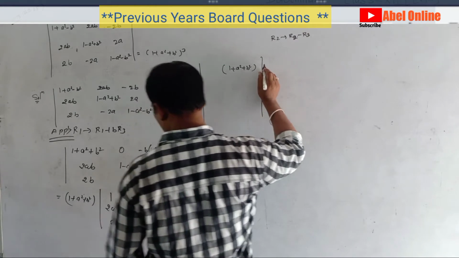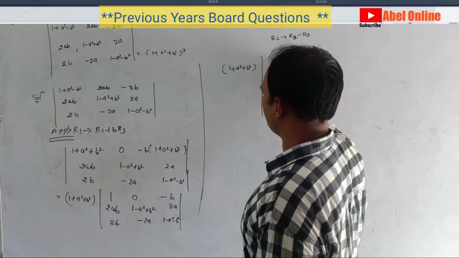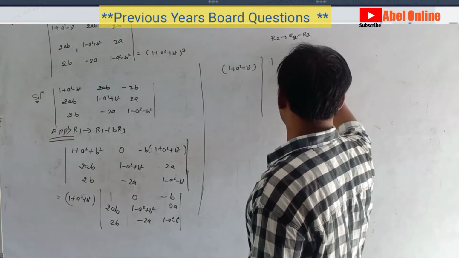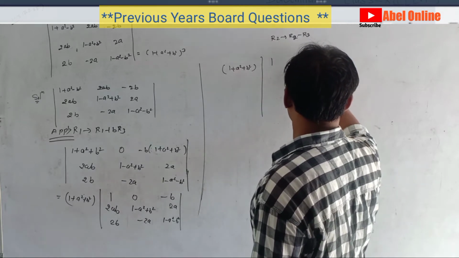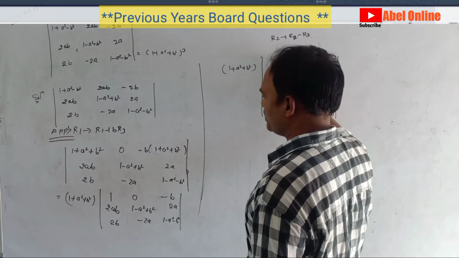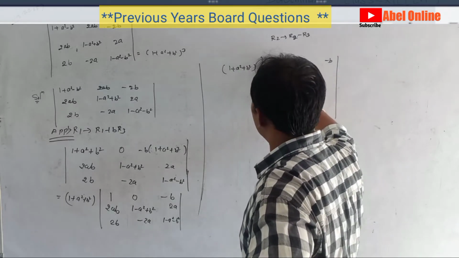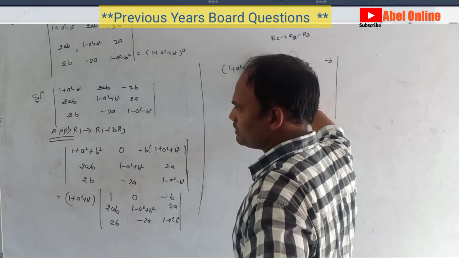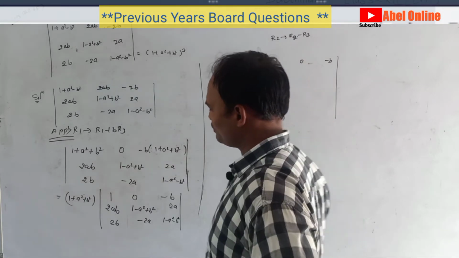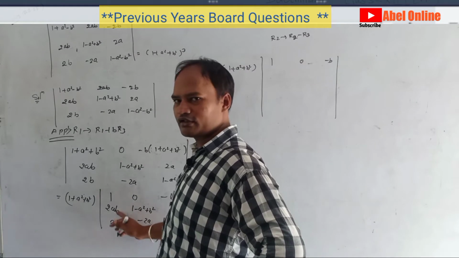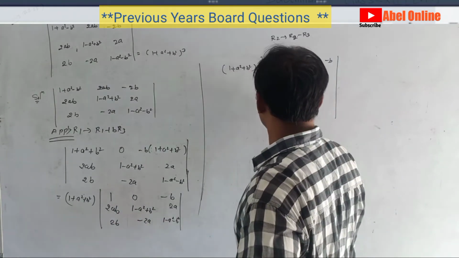Okay students, the upper row 1, 0, minus b is the same. The second row is going to change: 2ab and also 2ab, so if I subtract, we get 0.